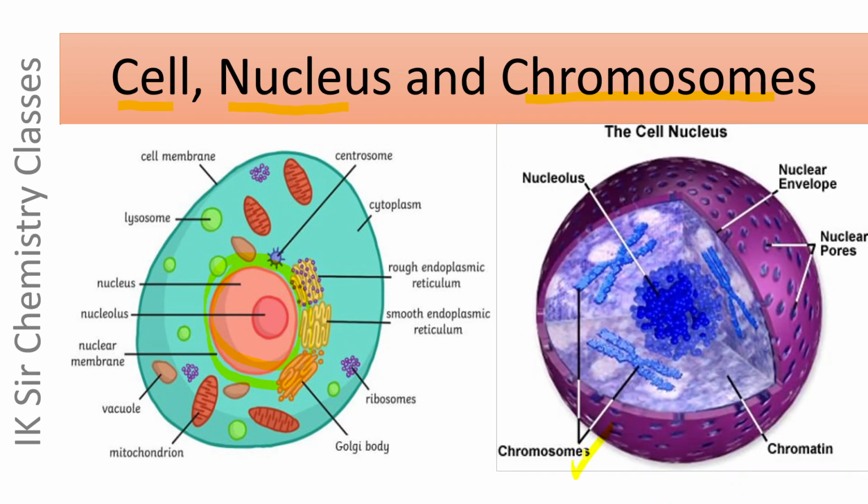It is obvious that chromosomes occur in pairs in the nucleus. There are overall 23 pairs of chromosomes in the nucleus. The central part of the cell is called the nucleus, and the nucleus consists of chromosomes.